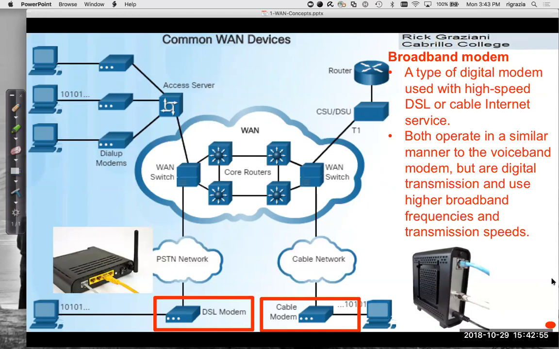Cable modems are typically much faster than DSL modems, and that just has to do with using the coax cable that you usually connect to with your cable provider, as opposed to the copper wire that connects the local loop to DSL subscribers, similar to what's used for your phone line.